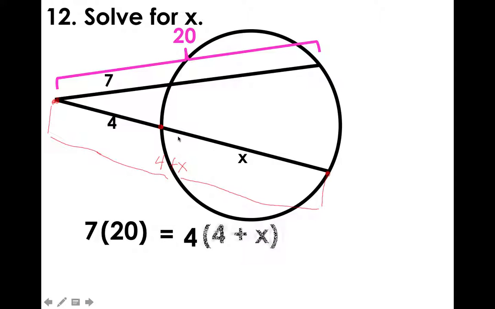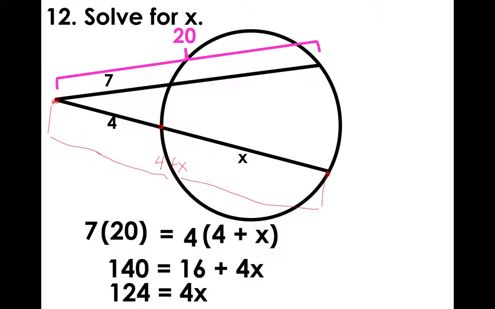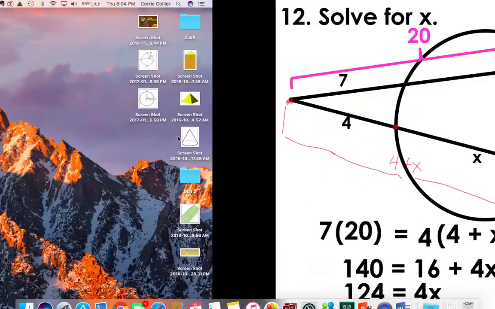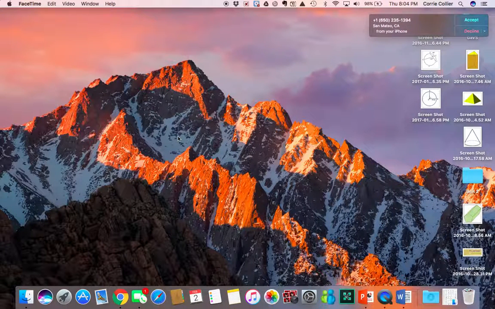And when I set it up as so, now we're moving on into doing order of operations and basic algebra. So we end up with 140 is equal to 16 plus 4x. That's how we get 124 is equal to 4x, because we subtract 16 from both sides.